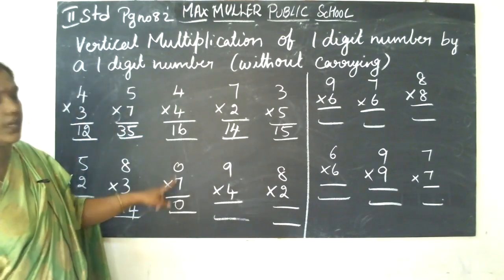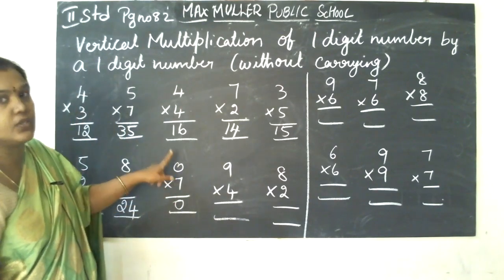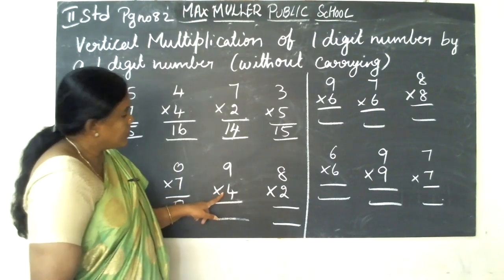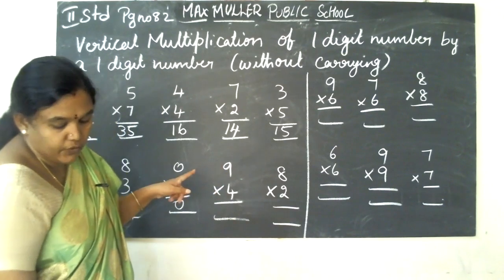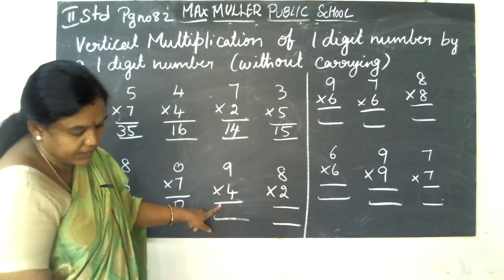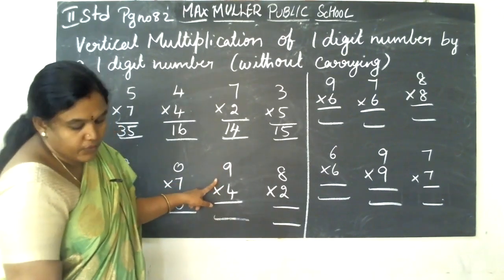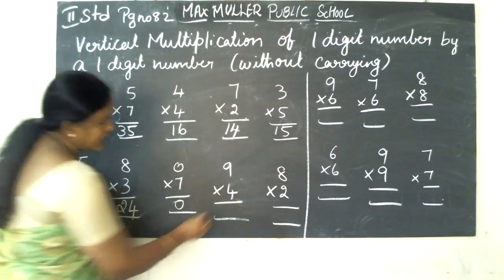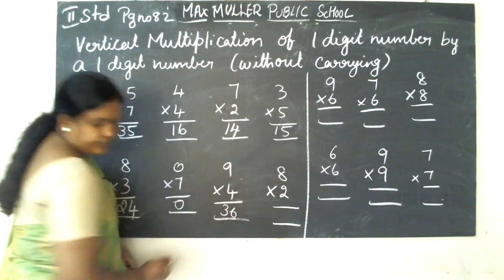I said no children, any number multiplied with 0 means you will get 0 only. Yeah, 4 ones are 4, 4 twos are 8, 4 threes are 12, 4 fours are 16, 4 fives are 20, 4 sixes are 24, 4 sevens are 28, 4 eights are 32, 4 nines are 36.